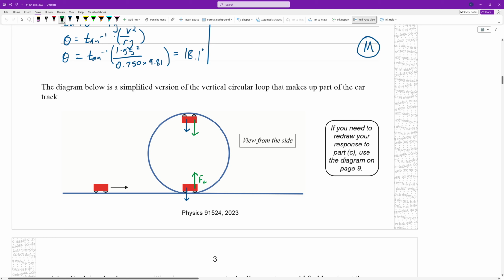If you're traveling at the same speed along the loop, that wouldn't change. In reality, this does change, but we are simplifying it by saying the centripetal force is constant, uniform, always acting inwards. So at the bottom, the net force is up, and at the top, the net force is down.